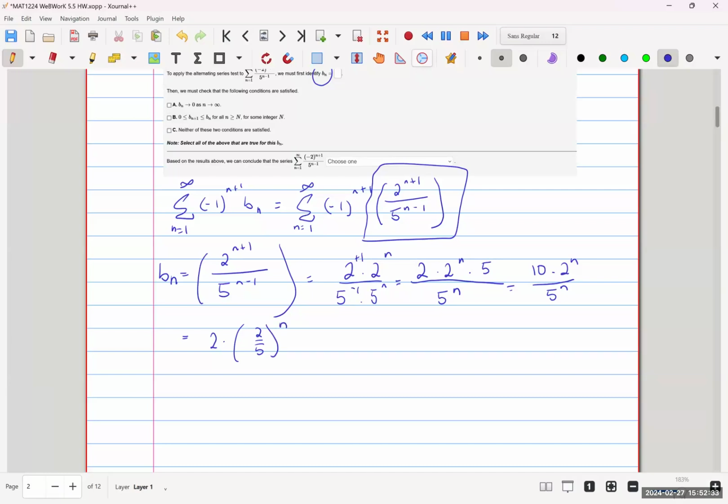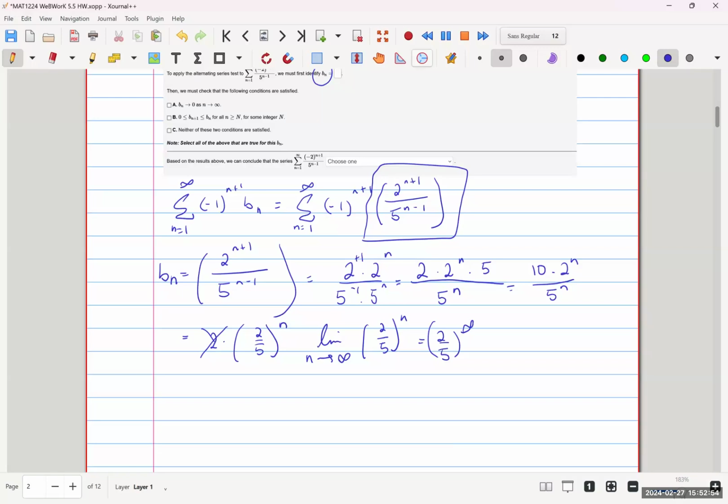Taking the limit of this, we don't really care about our constant. Well, we care about the constant if it's going to be anything other than 0 and infinity. But as n approaches infinity, 2 over 5 to the n is equal to 2 over 5 to the power of infinity.